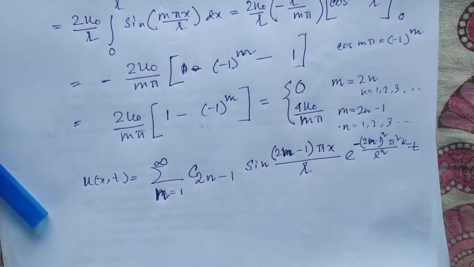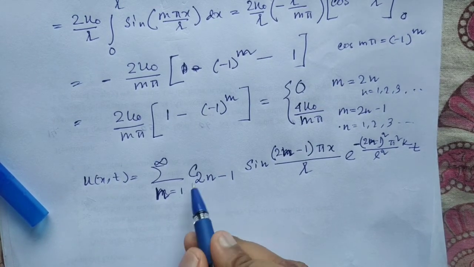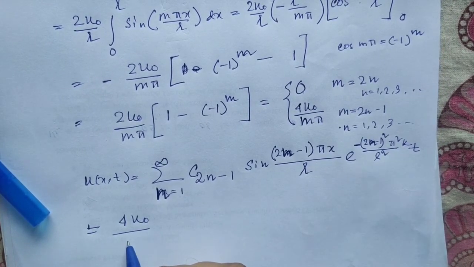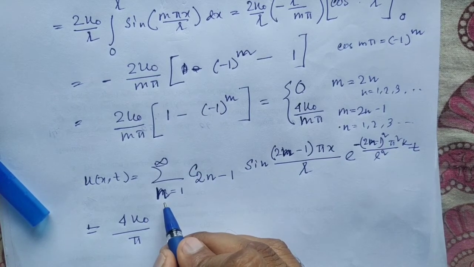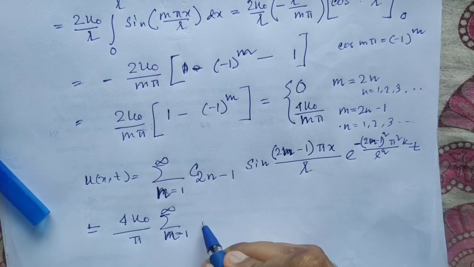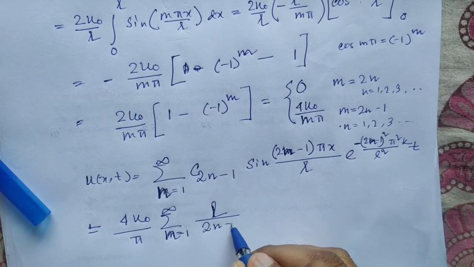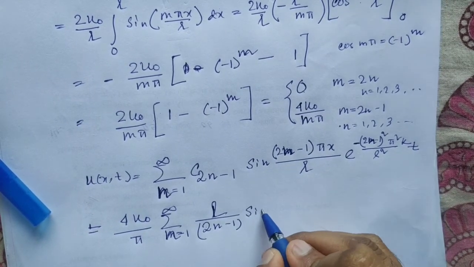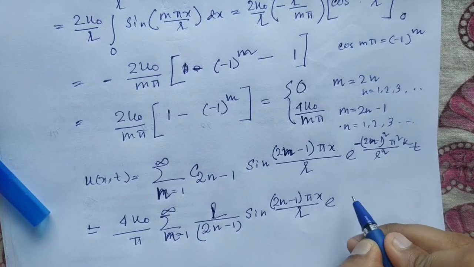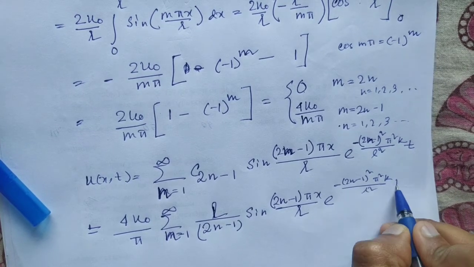Okay, so taking all the constants common, this should look like 4u0 by pi, sum n equal to 1 to infinity, 1 over 2n minus 1, sine of (2n minus 1) pi x over L, e to the power minus (2n minus 1) square pi square kappa by L square t.